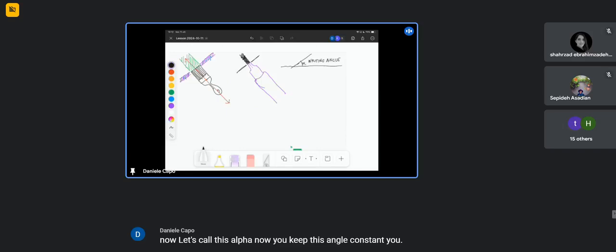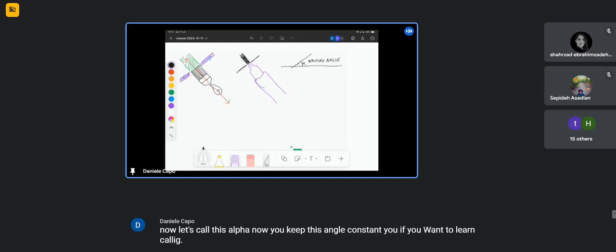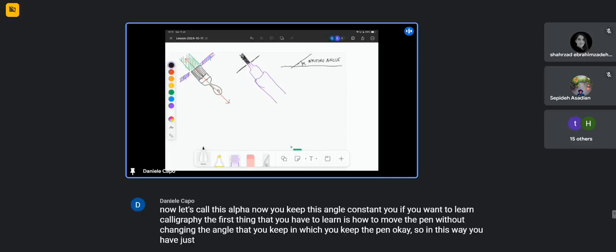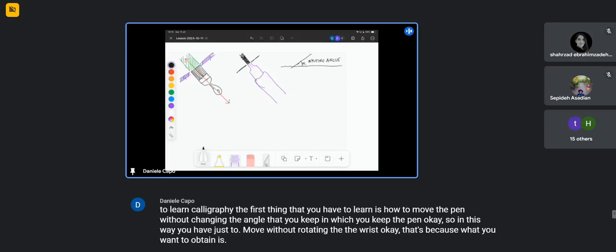If you want to learn calligraphy, the first thing that you have to learn is how to move the pen without changing the angle in which you keep the pen. So in this way you have just to move without rotating the wrist. That's because what you want to obtain is exactly this.